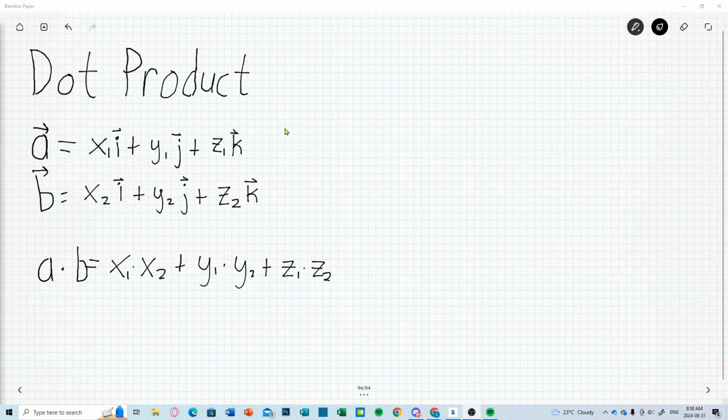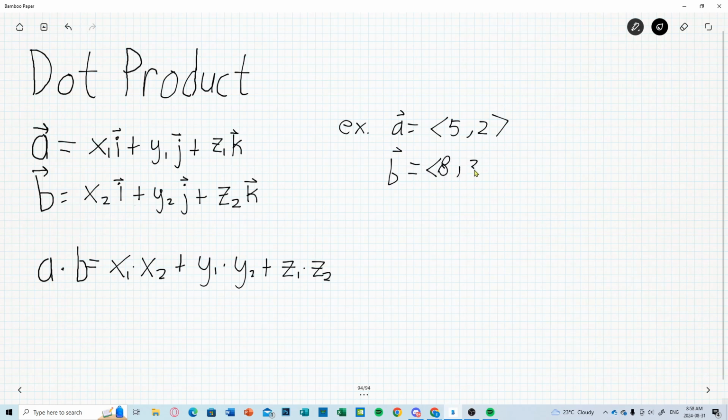So for example, let's say we have our vector A, which is equal to 5 and 2, and our vector B, which is equal to 8 and 3.